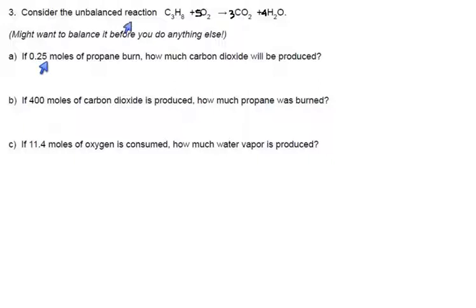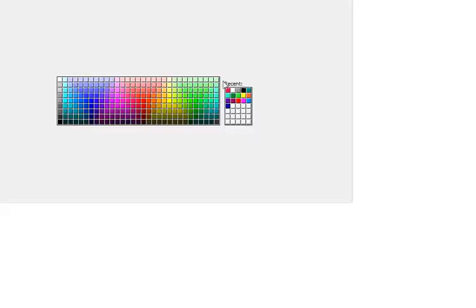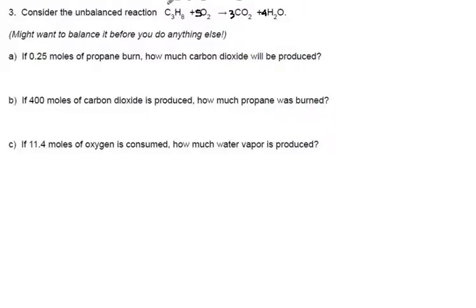0.25 moles of propane, that's C3H8. How much carbon dioxide will we get? So the numbers we are using are the propane, which is a 1, and the carbon dioxide, which is a 3. So if we do this dimensionally, we'll say 0.25 moles C3H8 times, you get 3 CO2s for every 1 propane.